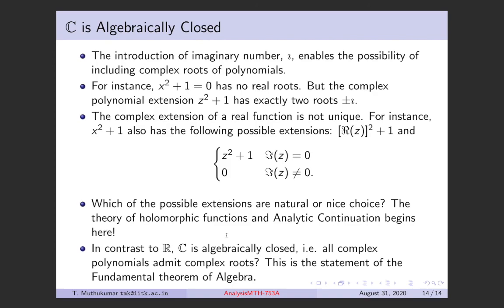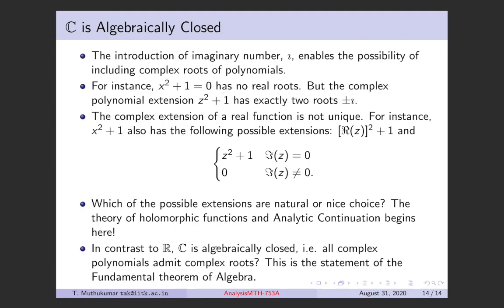That means if you take polynomials of degree n in the complex domain, they will all admit complex roots. This is the statement of the fundamental theorem of algebra, which tells you that polynomials with complex coefficients admit exactly as many roots as the degree of the polynomial, which is precisely saying that C is algebraically closed. So the roots are always in the complex plane and you don't have to venture beyond complex numbers.